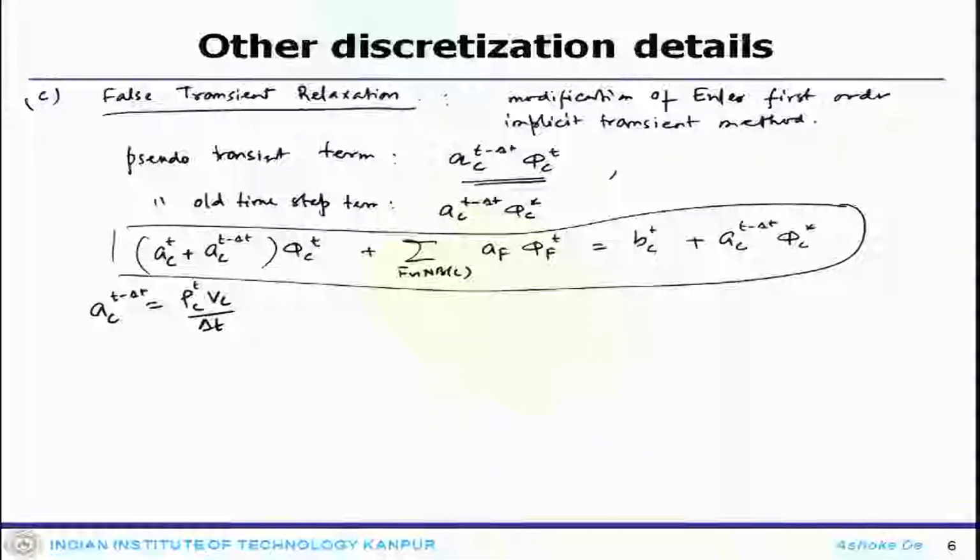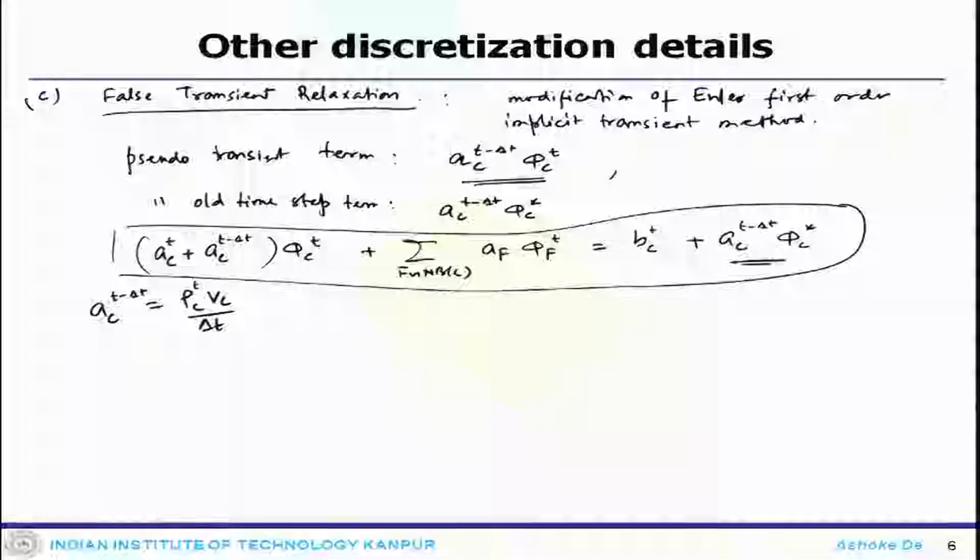Now, as you can see, for large values of delta t, the added term is negligible, and the under relaxation effects are also quite negligible. So the solution of the equation is the same as the original one.